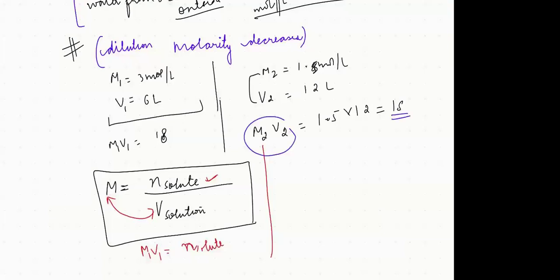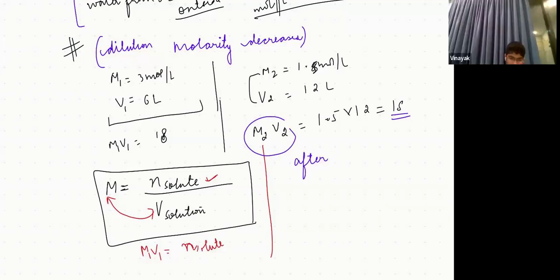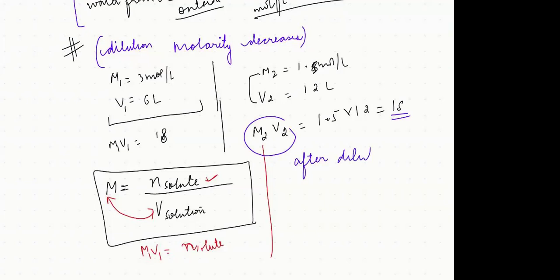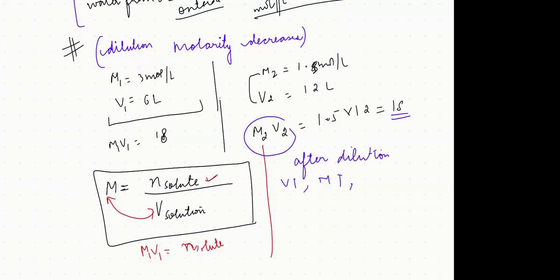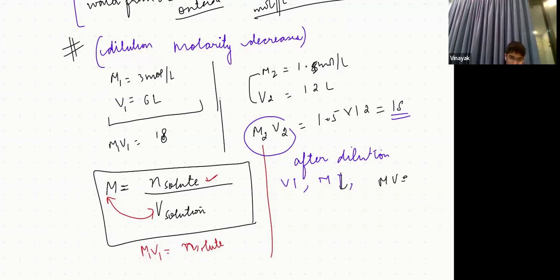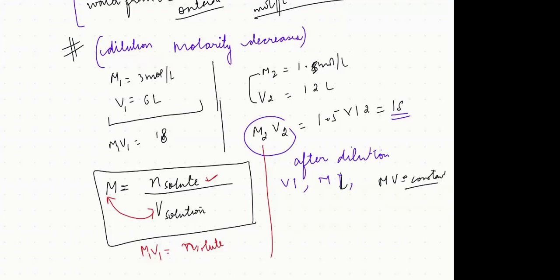That means after dilution, what is not changing? After dilution, we know that volume increases, molarity decreases, but M into V remains constant. Are you understanding? Any doubts?